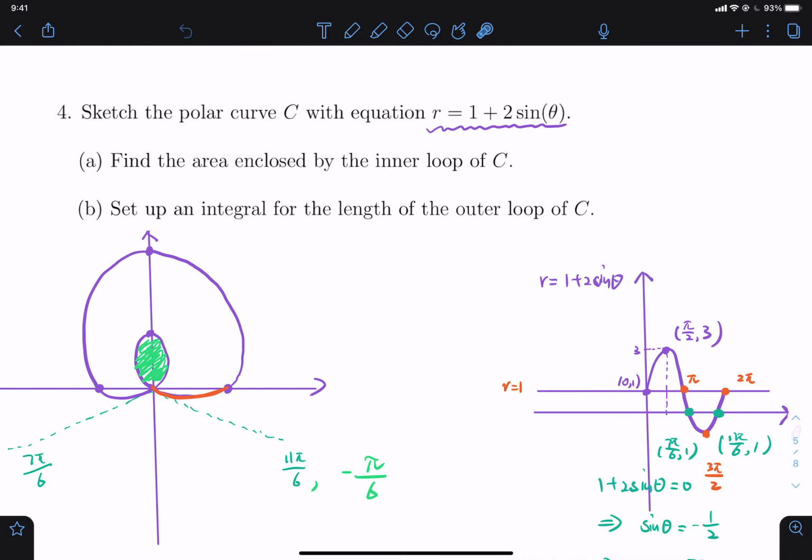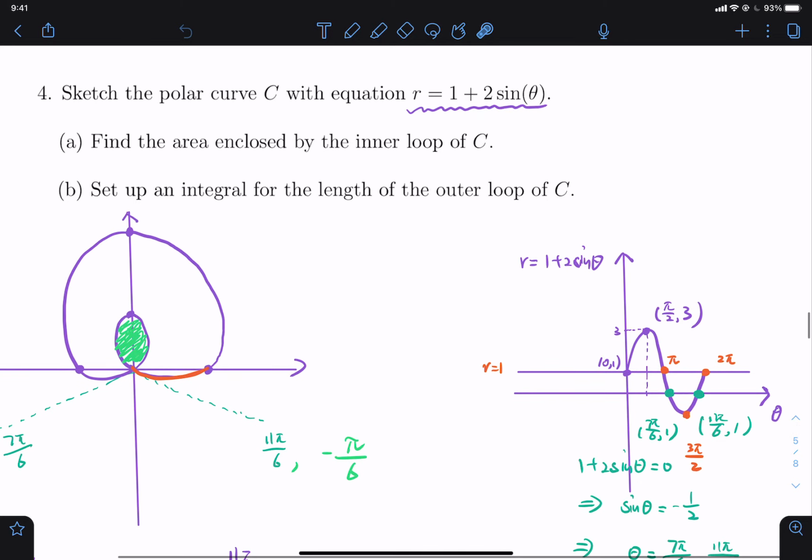Question 4. Sketch the polar curve C with equation r equal to 1 plus 2 sine theta. And as before, we're gonna firstly sketch the Cartesian form of this curve. Okay, so r equal to 1 plus 2 sine theta, right? If we didn't have this 1 plus, then it's just like that.